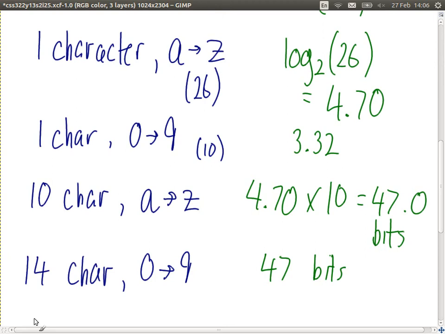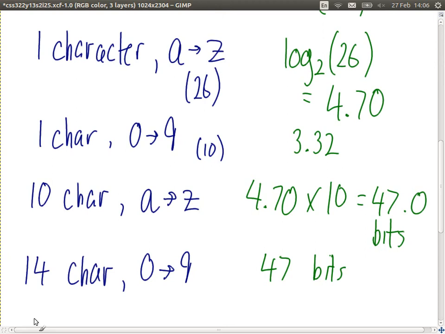This concept of thinking about the number of bits we need to represent all those values is a measure of how much information is in a particular password, which we call entropy. So we can talk about the password entropy, and often we use that to compare password schemes.